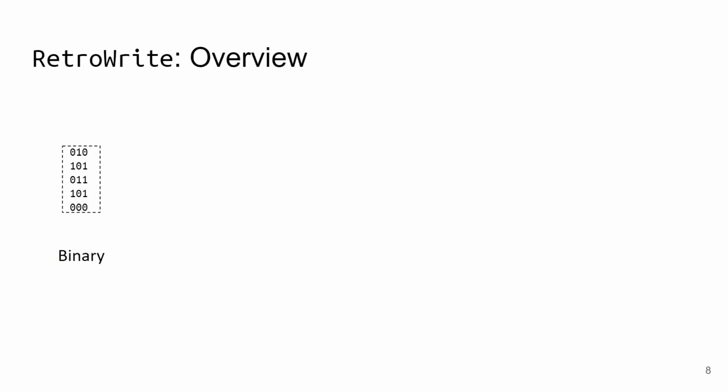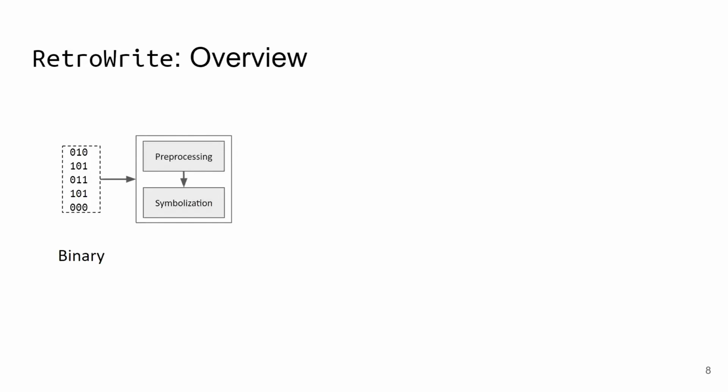RetroWrite is a binary rewriting framework that takes as input a binary application. The first stage in the pipeline is pre-processing, which includes parsing the binary format, disassembly, function identification, and a conservative CFG construction. Next, the symbolization procedure is invoked to find pointers in a binary and convert them into assembly labels.